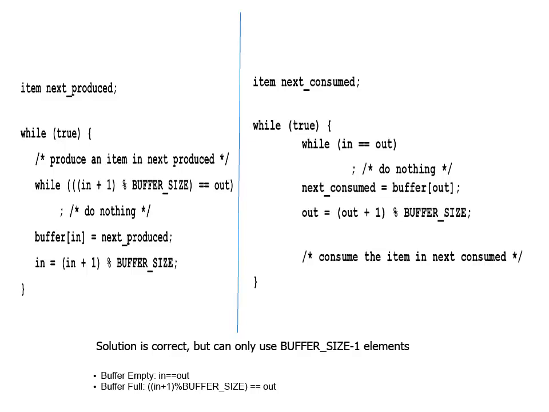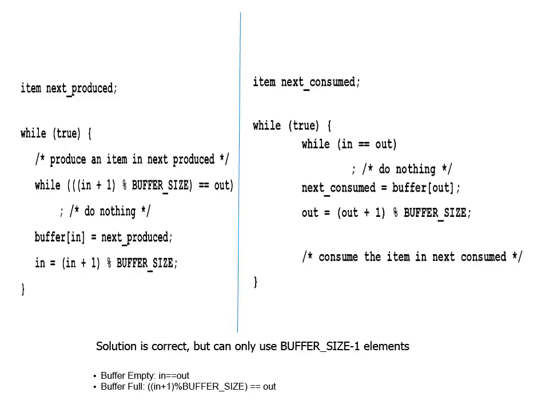Then we also update the new out: out plus 1, which equals 1, modulo 10 becomes 1. So out is now equal to 1, and right now both in and out equal 1.